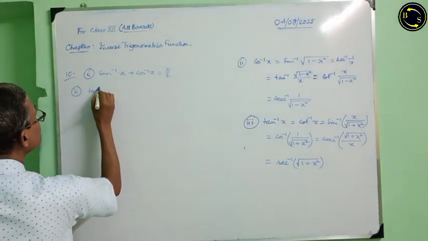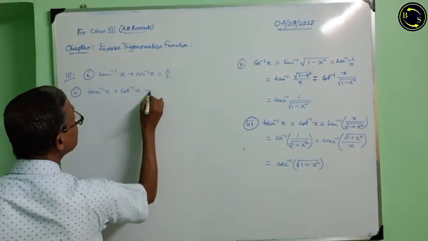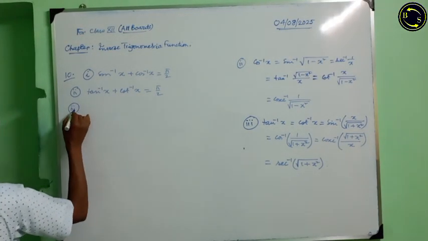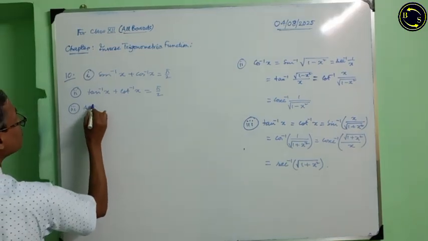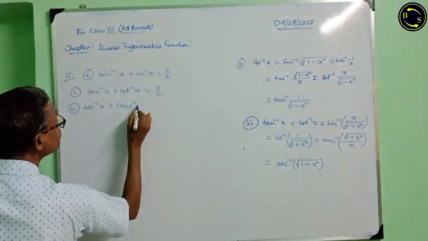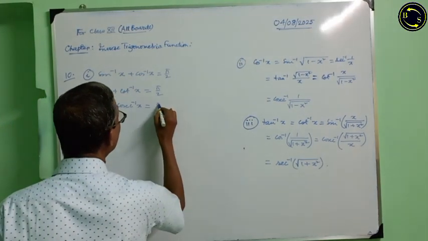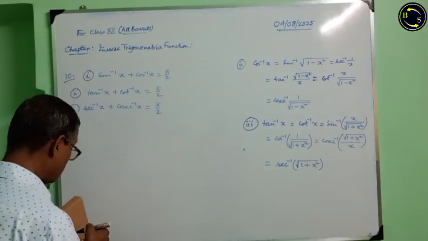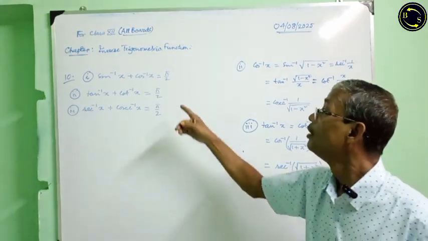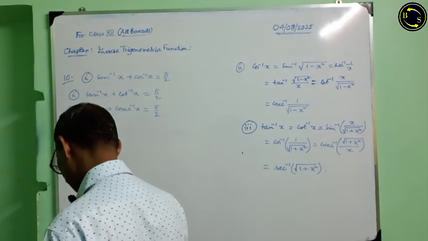Tan inverse x plus cot inverse x equal to pi by 2. Number 3, sec inverse x plus cosec inverse x equal to pi by 2. And very important, the domains. Here I mention the domains.